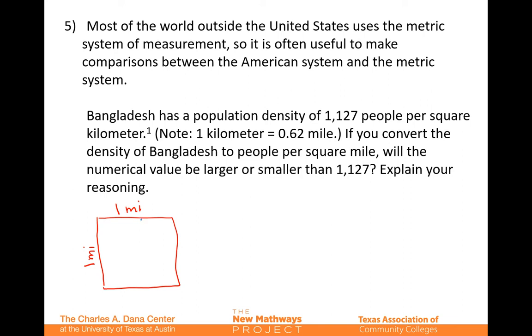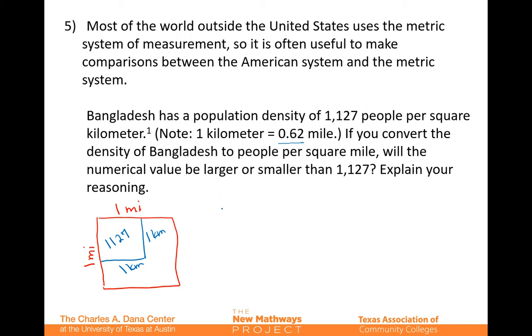So a kilometer might be this big. One kilometer. 1 kilometer is 0.6 miles. So they're telling us that Bangladesh would have 1,127 people just in this blue square.